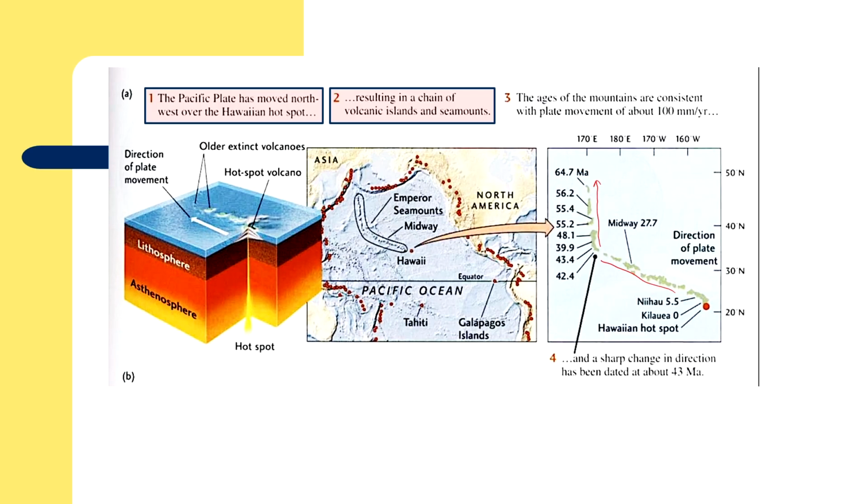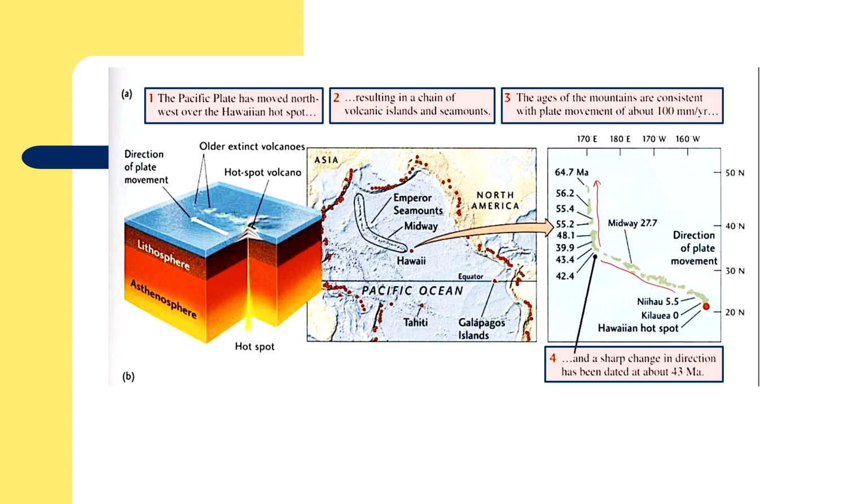The ages of the mountains are consistent with the plate movement, which they were also able to identify, and that is about 100 millimeter per year. And there is a sharp change in the direction which has been dated around 43 million years back.